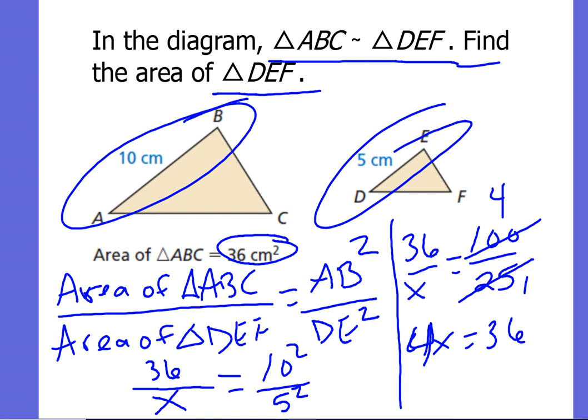And then when we divide through by 4, 36 divided by 4, of course, ends up being 9. And so the area of DEF actually is 9 centimeters squared. And there's how we can utilize proportions to find area of similar figures. Don't forget to square the linear units.